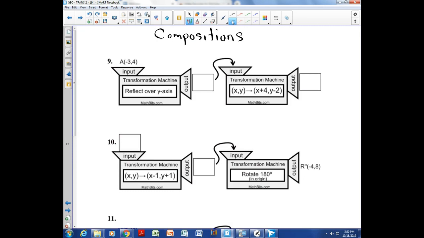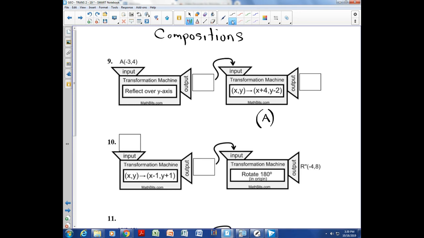And just to show you how this would actually look in one of our exams coming up, or our review sheets coming up, we take the point that we're putting through a composition and we put it here on the right side. So I can say point A, for example. I'm going to put it in parentheses. And when we write compositions, we write them from right to left.